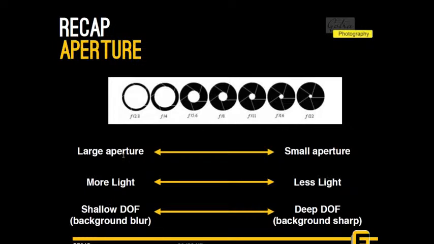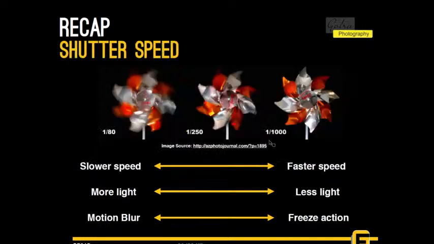Large aperture means more light, less depth of field, more blurry background. Small aperture means less light, more depth of field, and the background will be sharp. Shutter speed: if your shutter speed is very slow, you will get motion blur, but you will get more light. If your shutter speed is very fast, you will get frozen action, no motion blur, but your scene will be darker.